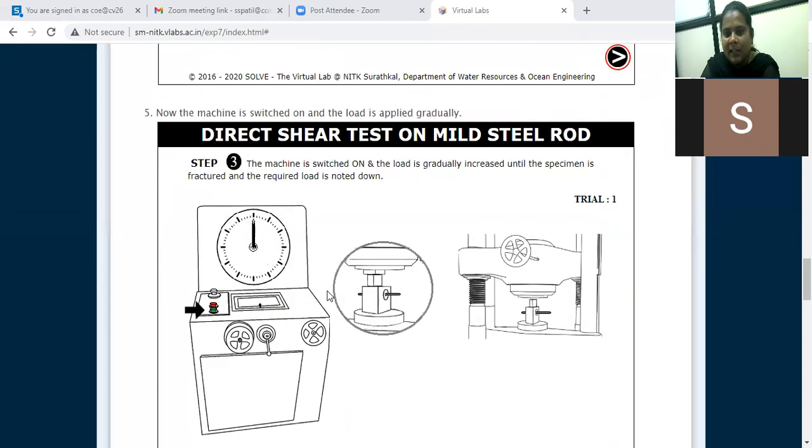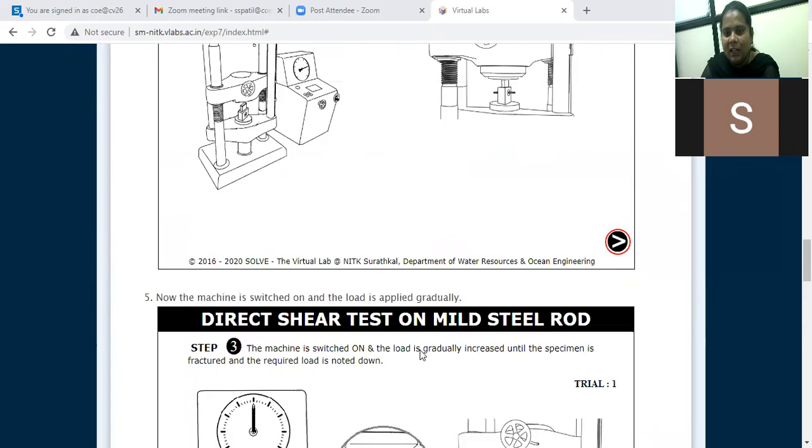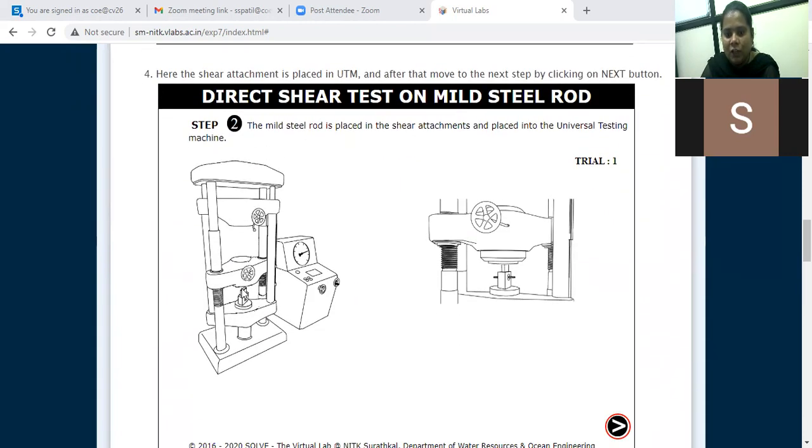After that, step number 3. Once this shear assembly is attached in the universal testing machine, you have to start the machine. Before starting, remember that when you perform a shear strength test, you have to use the intermediate and lower crosshead.